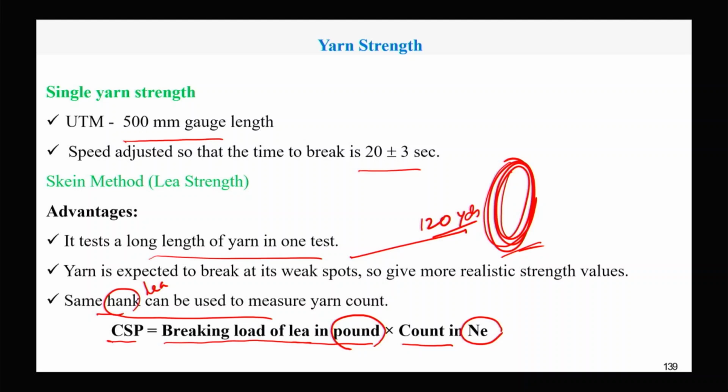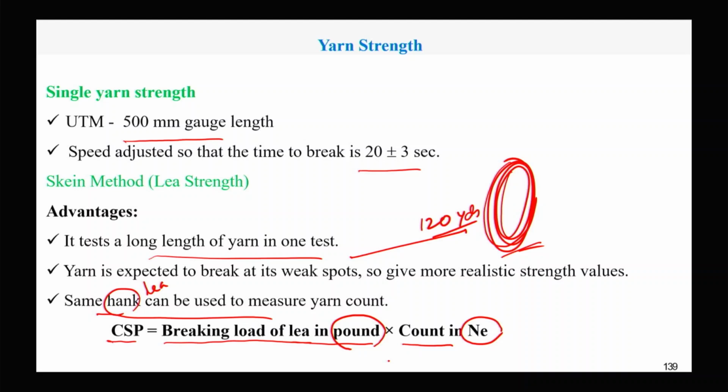Now CSP, looking at the fact, it's very simple. It's a product. So it's not an arbitrary value. Although it looks very simple, it has got some logical meaning. Why not a division, say breaking strength by count? It's not the fact.